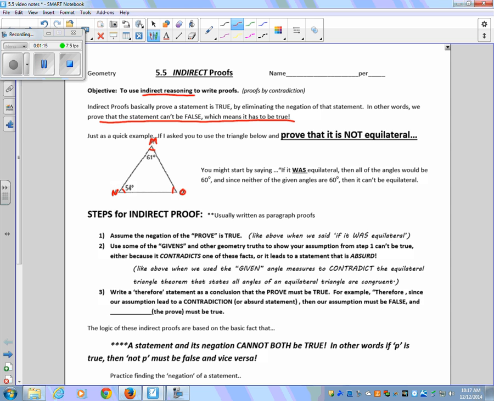And since each of the angles is not 60 degrees, then this is not equilateral. So you basically proved that it's impossible for it to be equilateral. So you proved the opposite of what you were trying to prove. You proved the opposite was impossible.